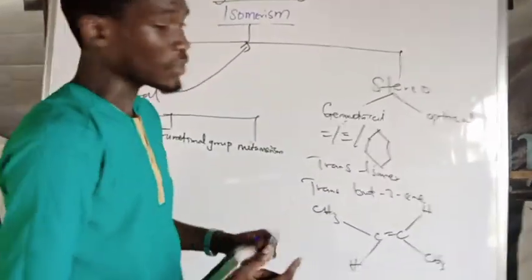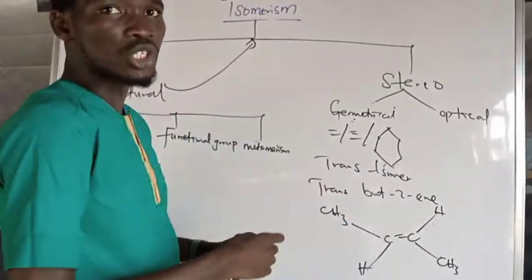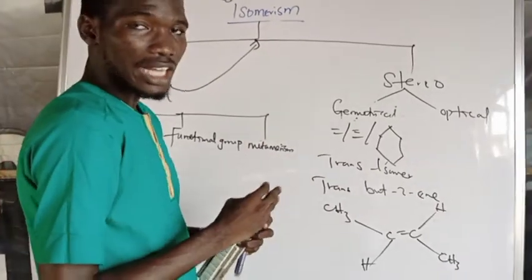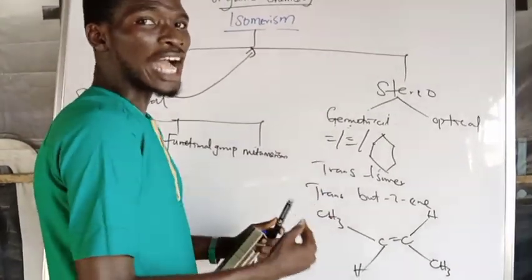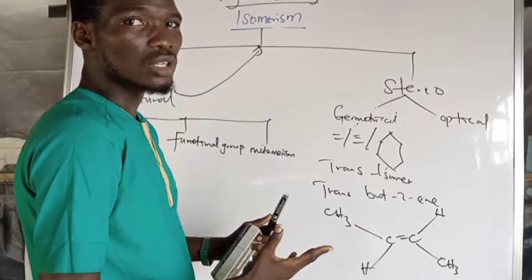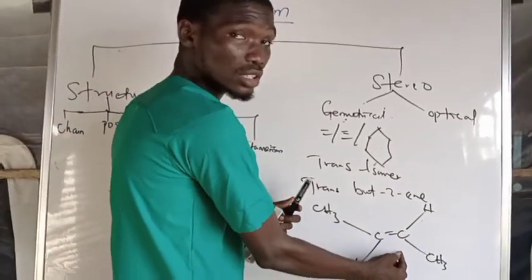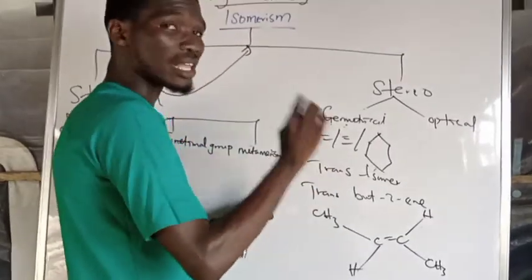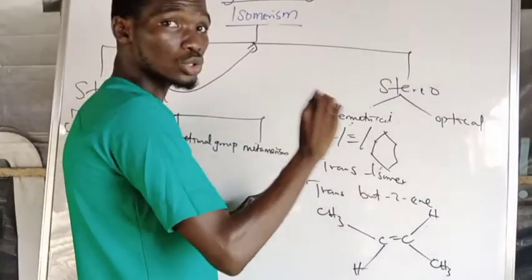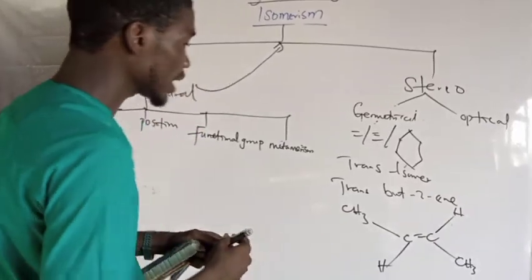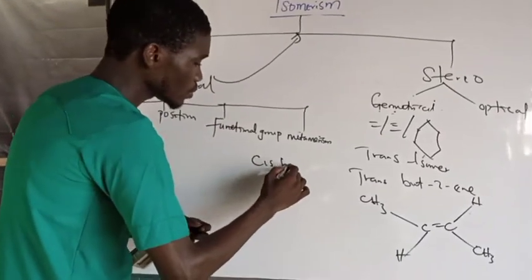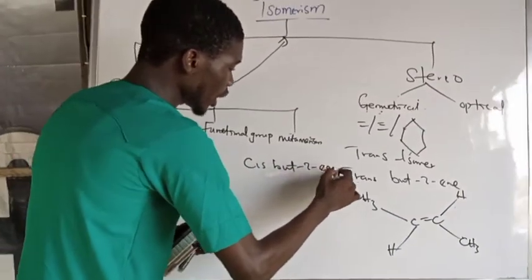How do we have it? When you look at the carbon atoms you have here, we have 4. And if you number using the IUPAC nomenclature of organic compounds, we place the first value here, 1, 2. That makes it trans but-2-ene, while the second one is cis but-2-ene.